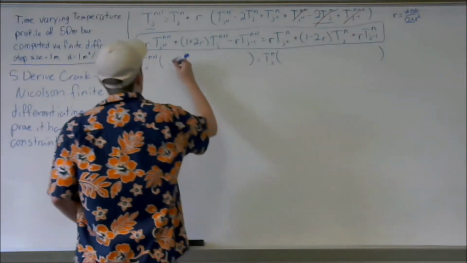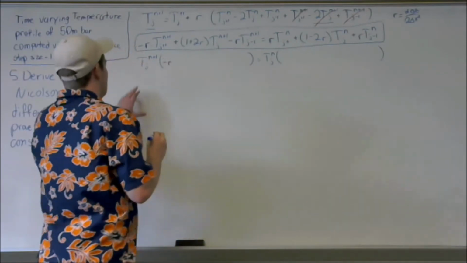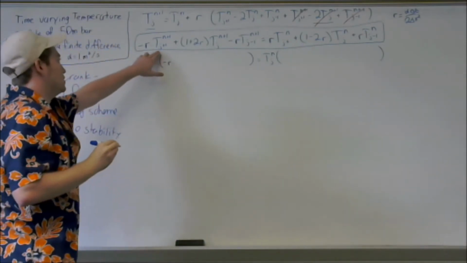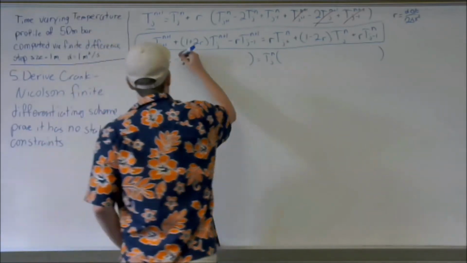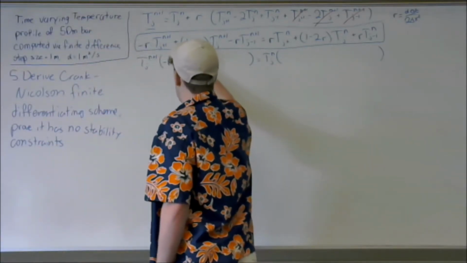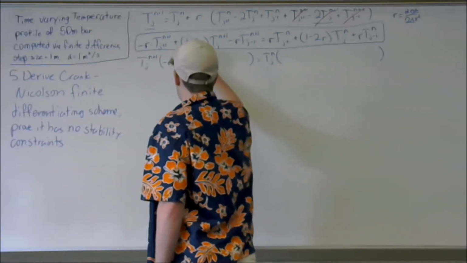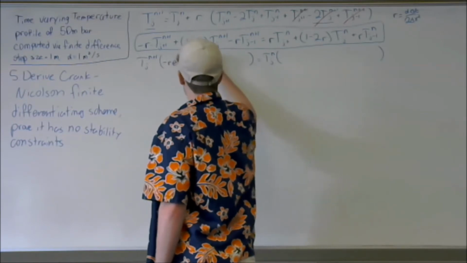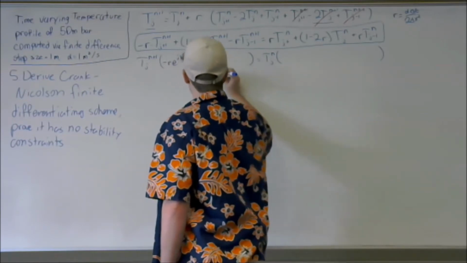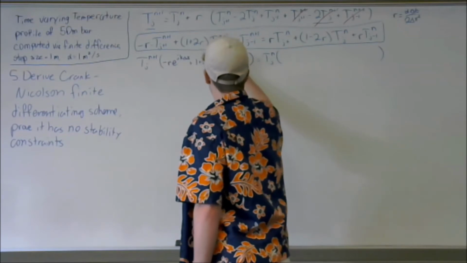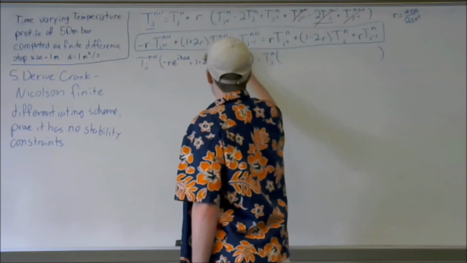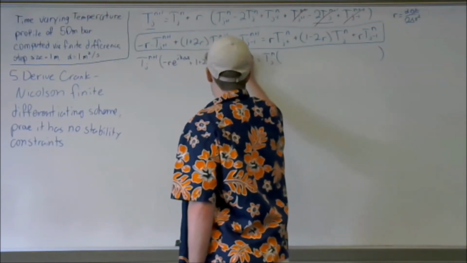We've got a negative r. We took out a j, so it leaves us with a plus 1. So that'll be an e to the i k delta x, and then plus 1 plus 2r, and then minus r e to the negative i k delta x.